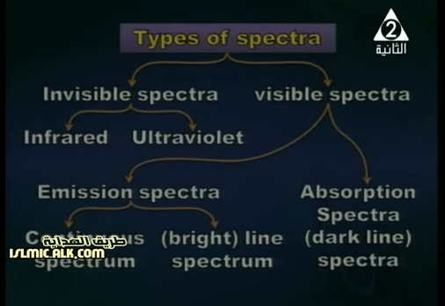We are so much concerned with visible spectra. It consists of two spectra, emission and absorption. Emission consists of continuous spectrum and line spectrum. And also absorption spectrum is called dark line spectra. So let's take it one by one.